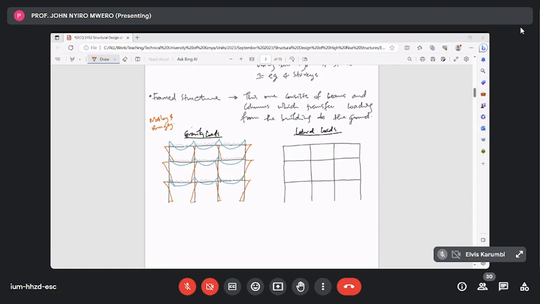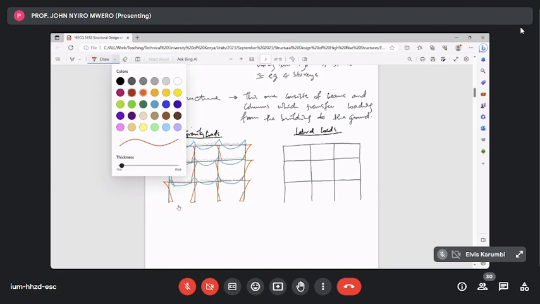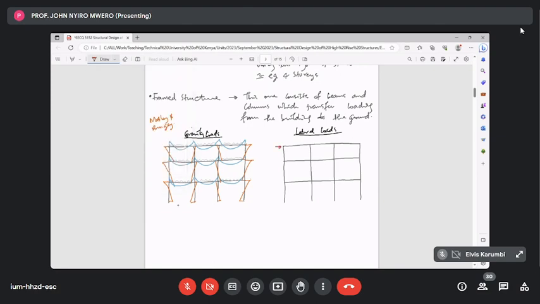This is gravity loads. If the frame was loaded by lateral loads, so we have calculated either some earthquake force, which we will do later on, or say wind load, then the moment generated on the frame would look something like that.